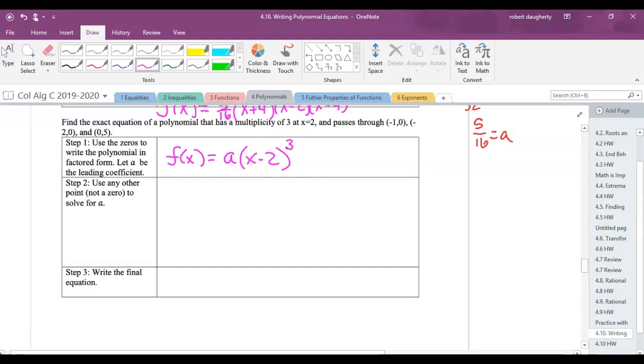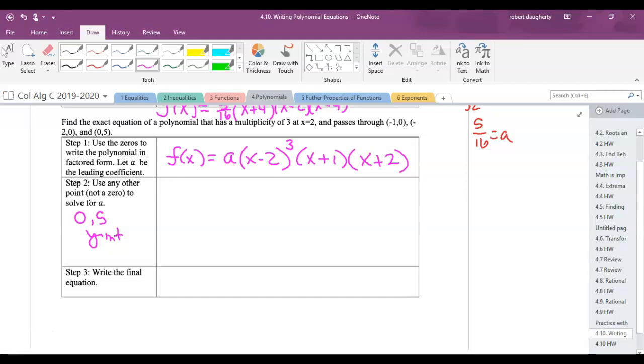It passes through negative 1, 0. That's an x-intercept. What's the factor? X plus 1. It passes through negative 2, 0. What's the factor? X plus 2. Okay, those are all the x-intercepts. That other point is 0, 5. So 0, 5 is what? That's my y-intercept, right? That says if you substitute in a 0 for x, what do you get for y? 5.